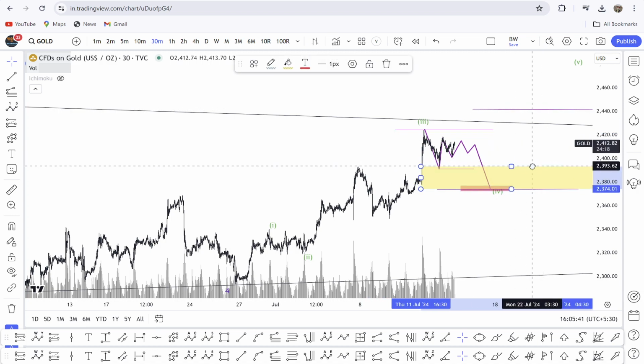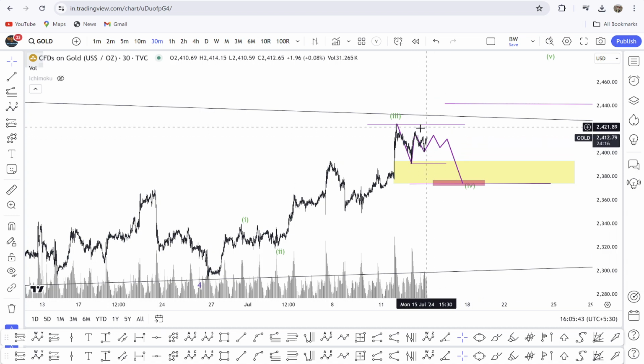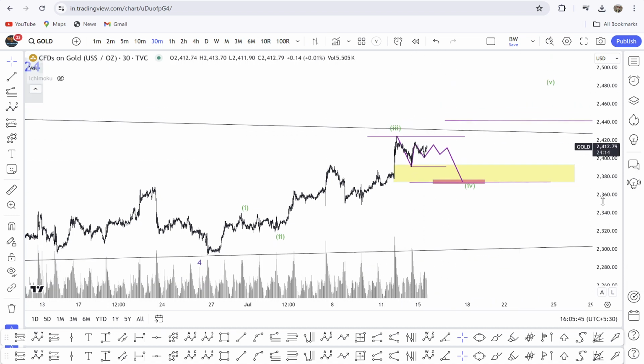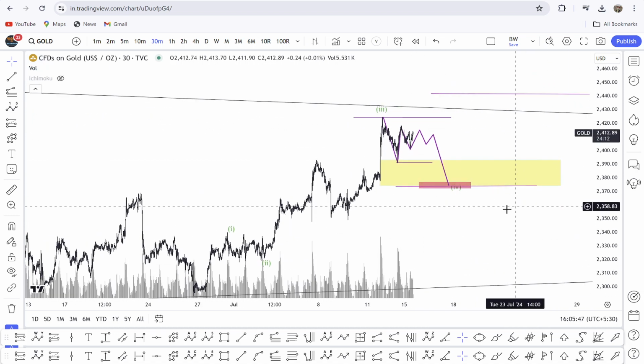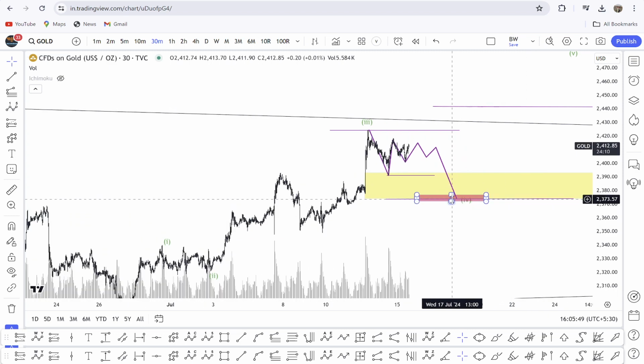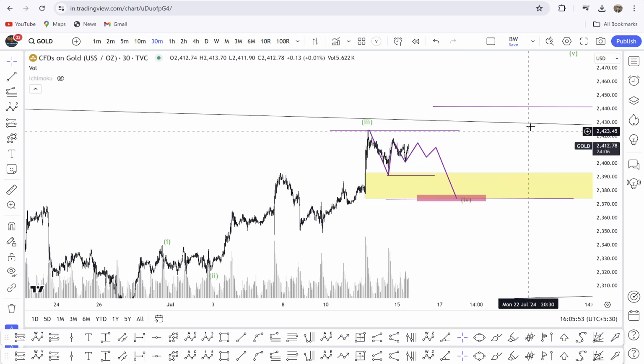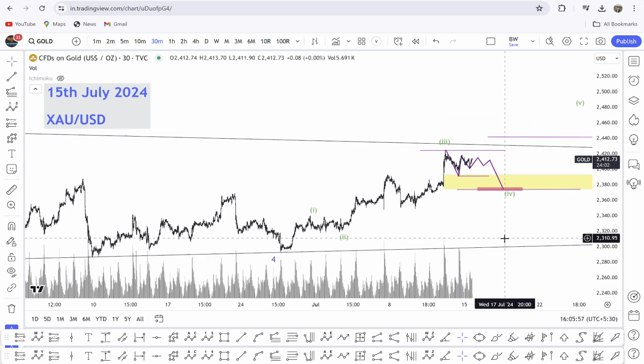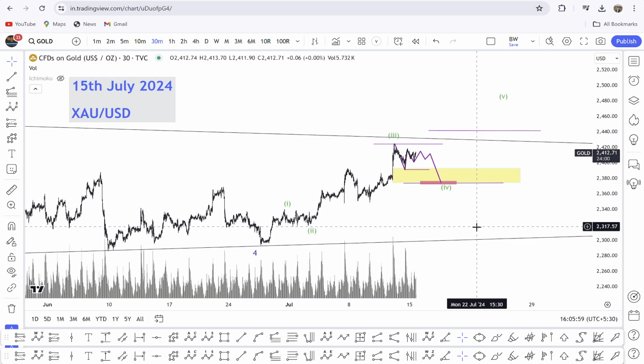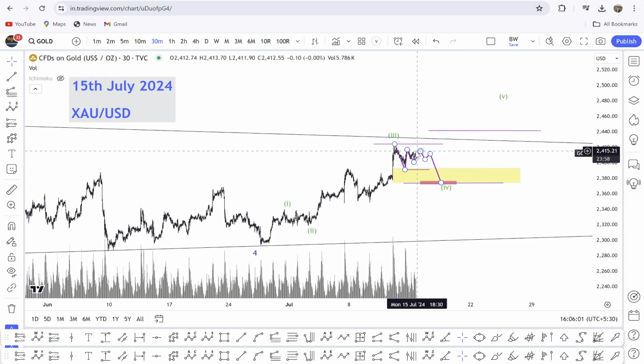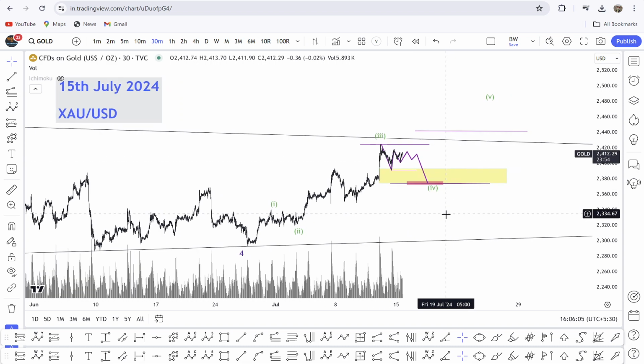So how to trade? This is not the trading zone. The trading zone is here, around 2375, for the target of 2440. First target 2440. So here we cannot find any good risk reward entry.